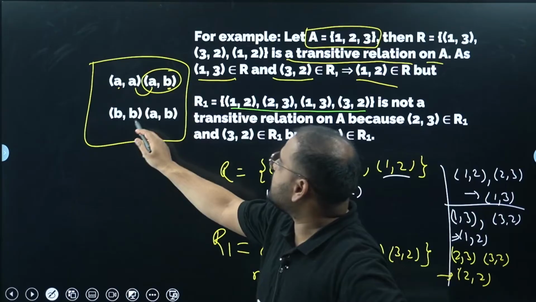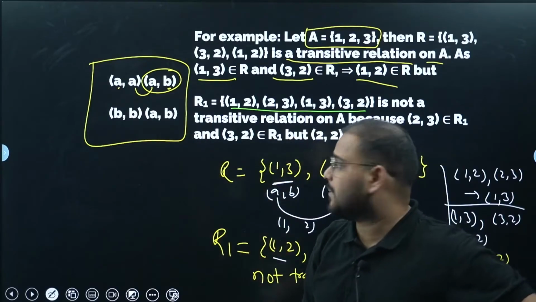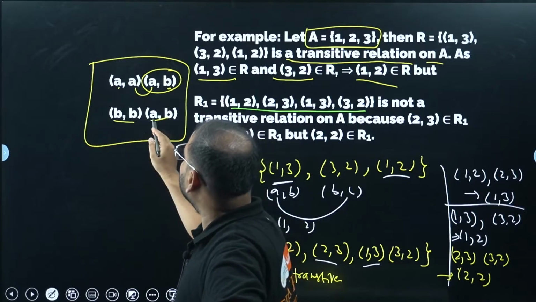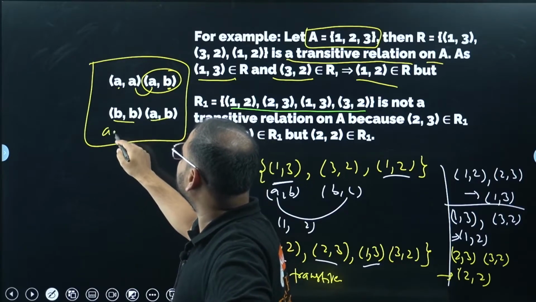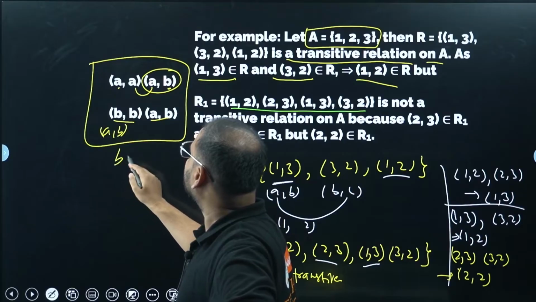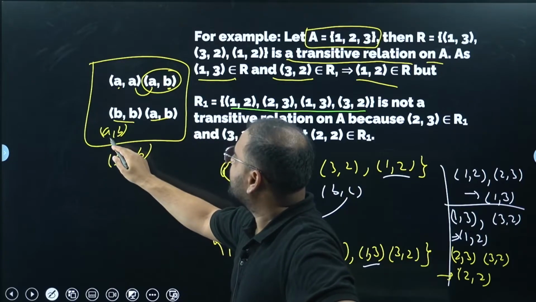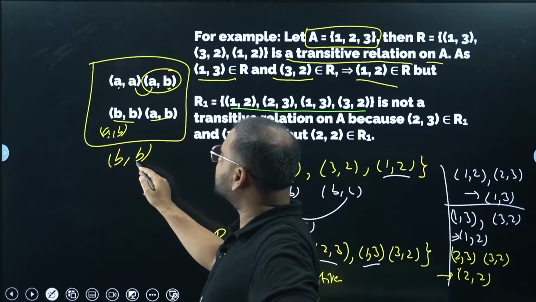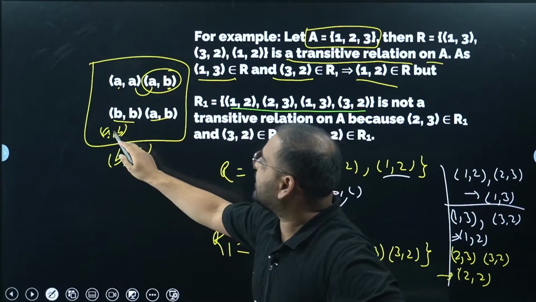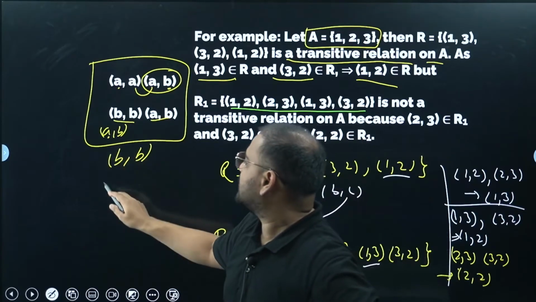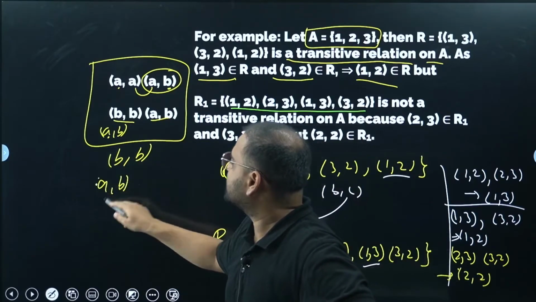Again here, (B,B) and (A,B): I can write it as (A,B) and (B,B). Now compare (A,B), (B,B), like AB, BC. Then the first element A and the last element B should be there. So it makes (A,B), which is already there.